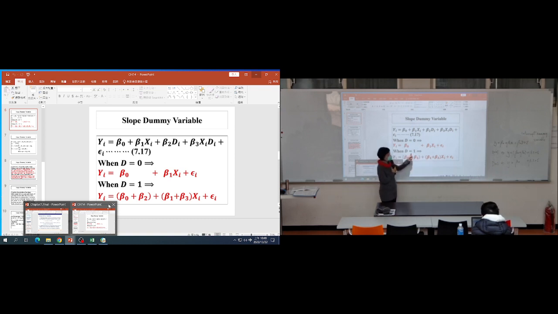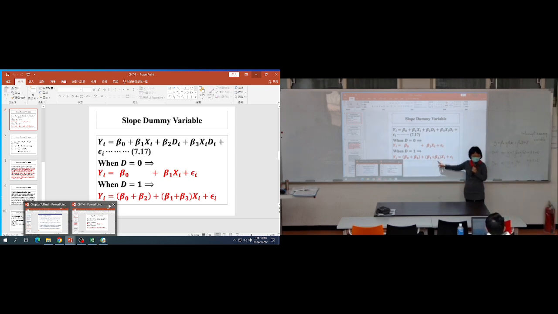During the recession periods, the savings and the investment has positive relationship, which is 0.95 plus 0.35 something. Am I right? So it's like 1.3 something. Okay? And which is significant. Means that the slope is really changed.